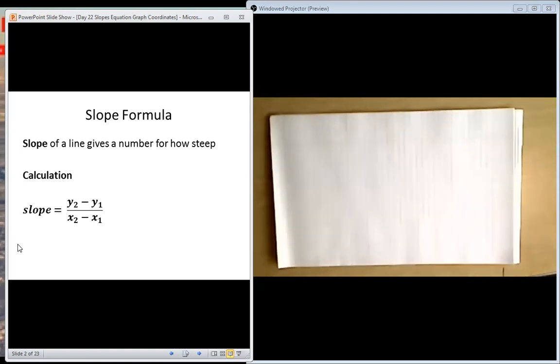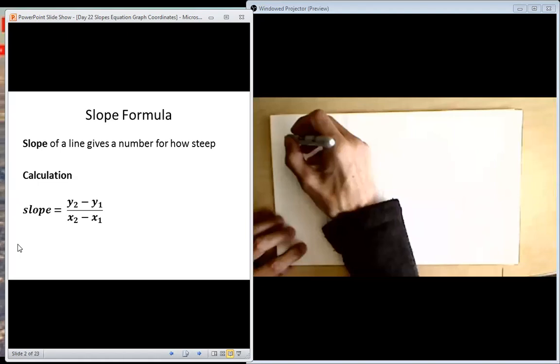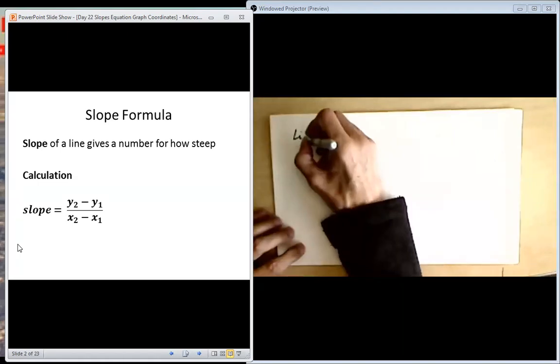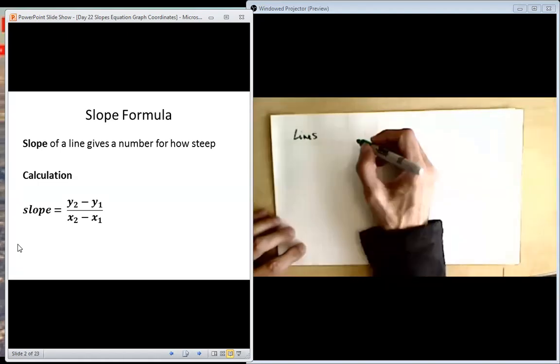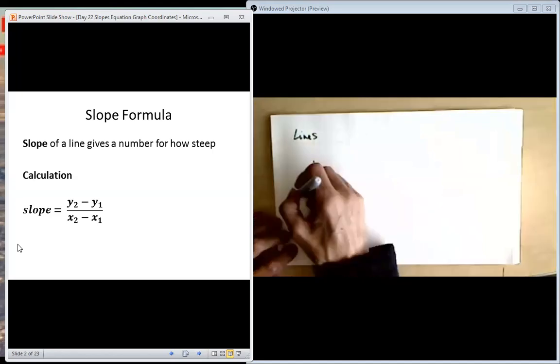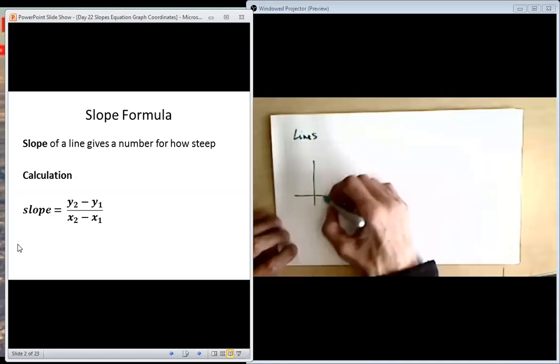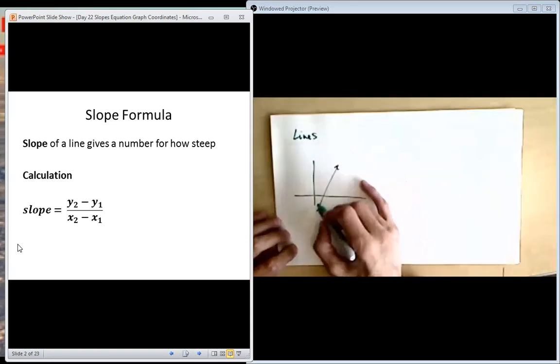Slope of a line, y2 minus y1, given by this formula here. Because what happens is, this is going to be our lives for the next little while. Lines in math are super important. And so we're going to draw them, and then we're going to see just how steep they are with one another here.